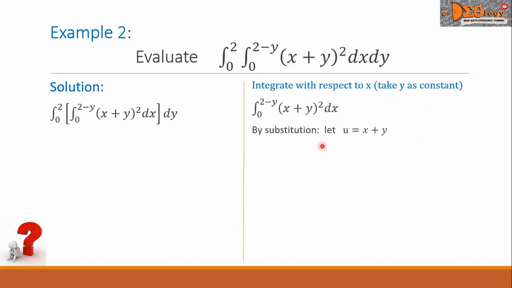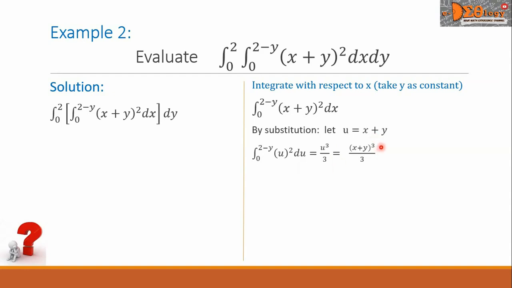By substitution, we let u equals x plus y. It follows that the definite integral from 0 up to 2 minus y, here the function now becomes u squared du. Evaluating this, we have u cubed over 3. Let us return the value of u as x plus y.